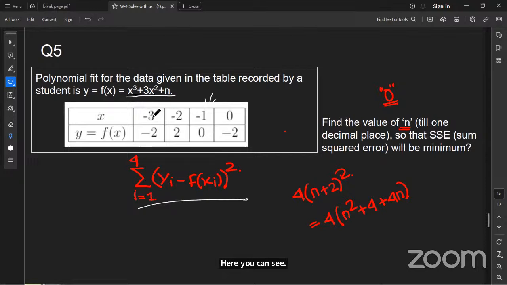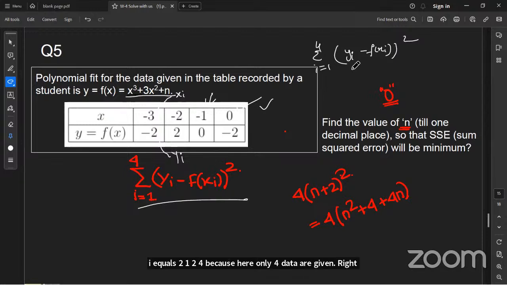See, you have data, right? This is your x's and this is your y's. So what you need to do is check f(xi), then yi minus f(xi) whole square, and add them for i equals 1 to 4, because here only 4 data points are given.